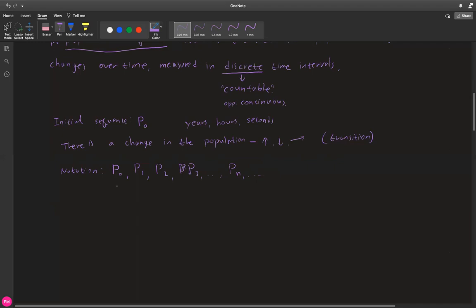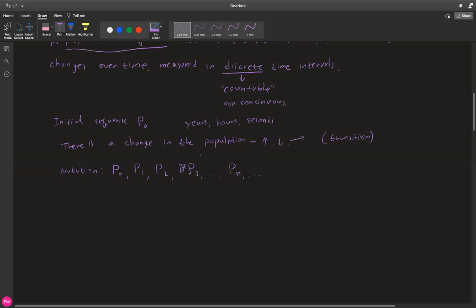This is a very important notation because it's very useful in different growth models or decay models that we're going to go over in future lecture videos. And it's very applicable to real life situations where, knowing the model, you can predict the future population.